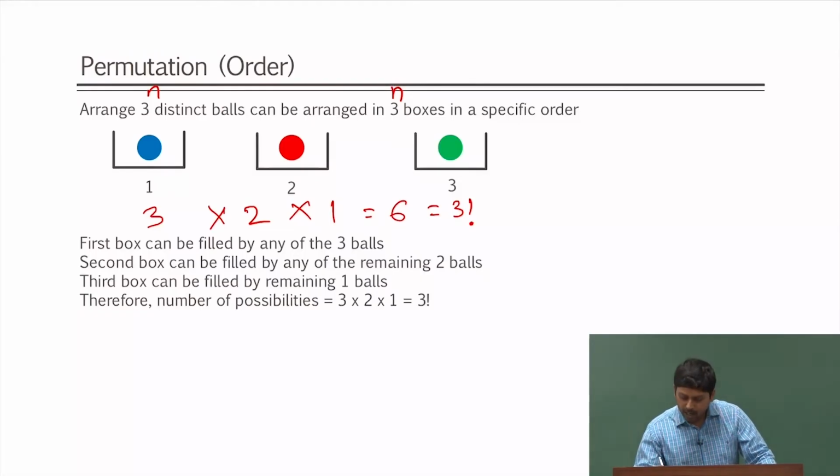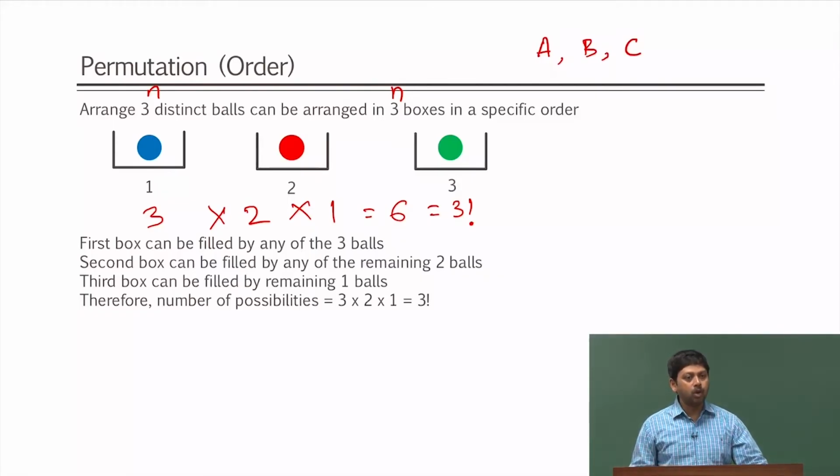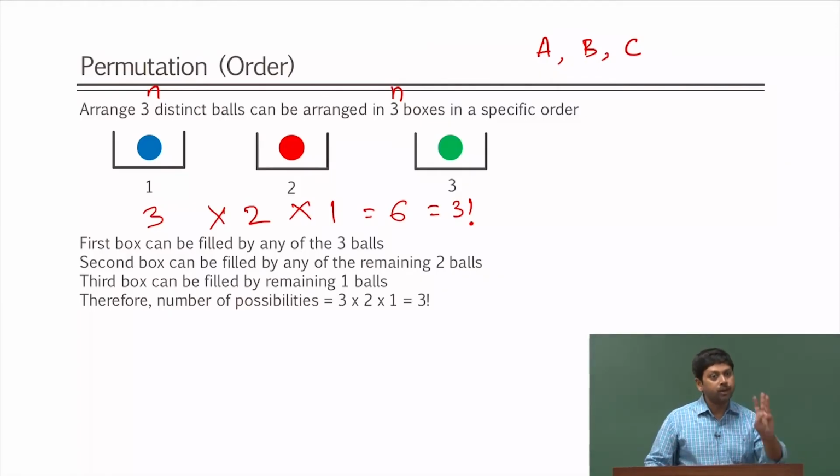For example, I am giving you 3 letters A, B and C, and I am asking how many possible words you can make, of course meaningless words. Let us say how many possible words of 3 letters can you make. You can take any of the first 3, then any of the second 2, then the last one you have to take. So, again factorial 3 ways you can do that.